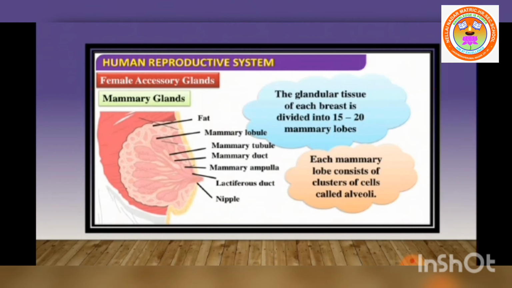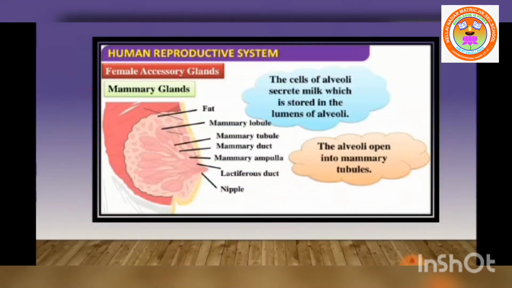Each lobe is made up of lobules which contain alveoli lined by epithelial cells. The cells of the alveoli secrete milk. The alveoli open into mammary tubules.